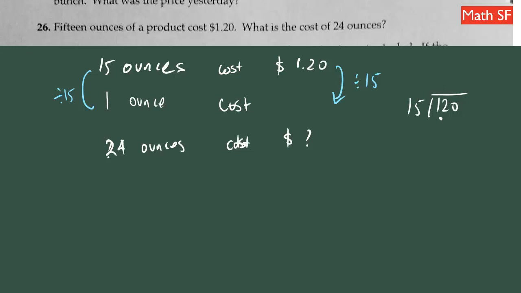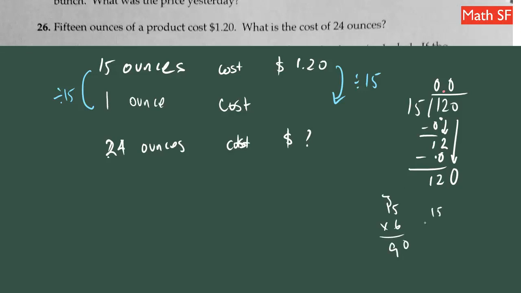Well, 1.20, so the decimal goes there. 0 times 15 is 0. Subtract that. Bring 12 down. That goes 0 times 15 is 0. Subtract that, 12. Bring this 0 down, and I believe that might go 6 times. Let's see, 5 times 6 is 30, 90, no. 15 times 8 is 120.